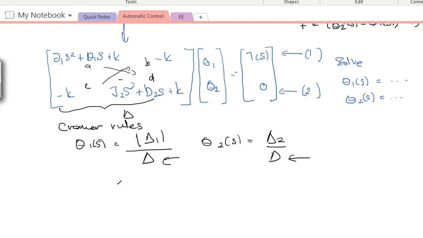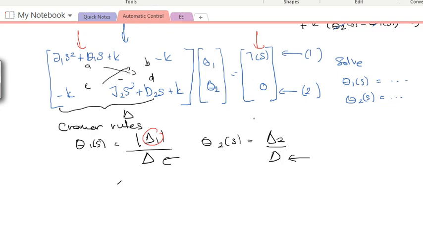And determinant 1s is when you replace the first column of the coefficient matrix with the solution. So it becomes Ts0, minus K, J2S squared plus D2S plus K. So that's determinant 1.